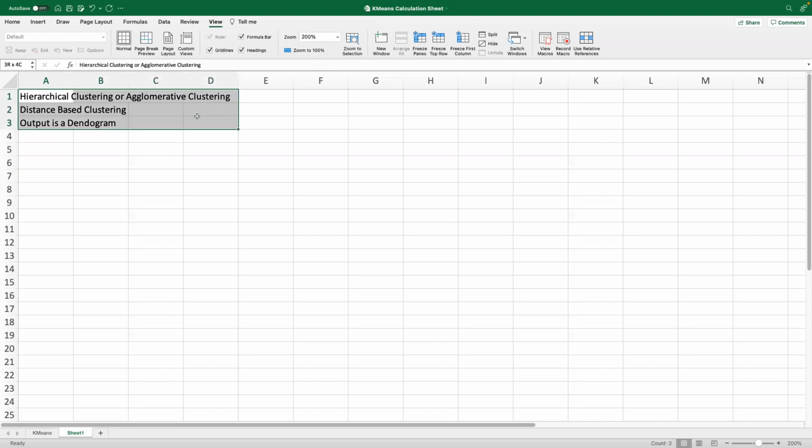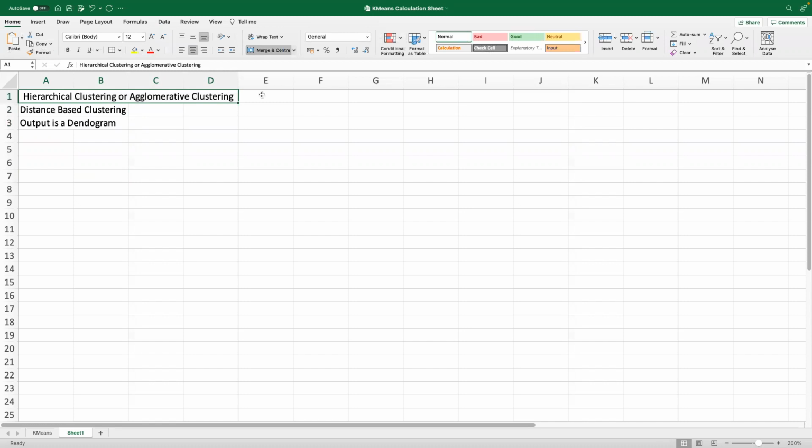So agglomerative clustering or hierarchical clustering is again based on distance-based methods only. But in here, the grouping of data is slightly different, so we will get a slightly different type of output. We call it a cluster dendrogram.